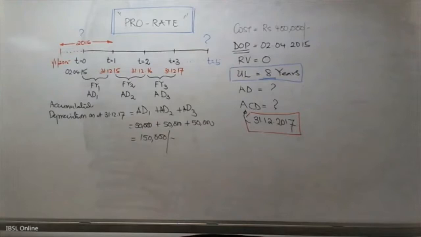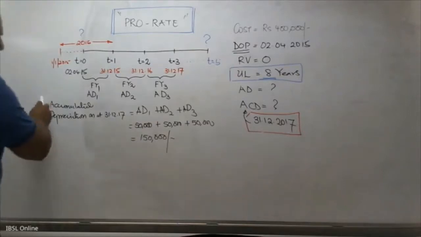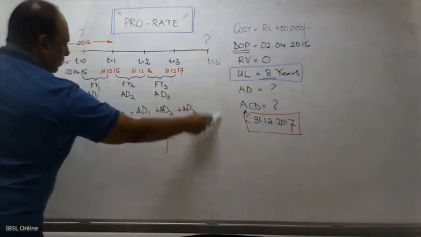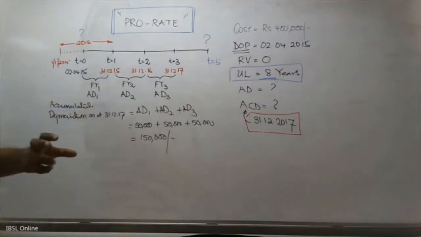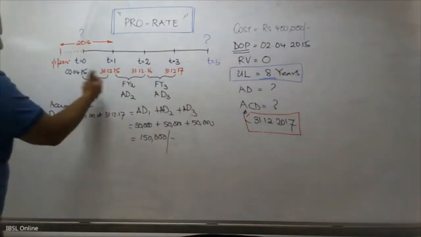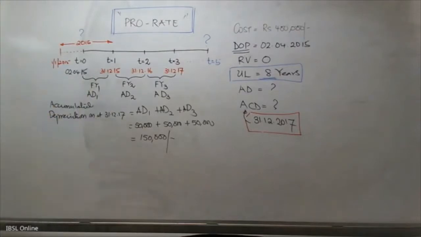Okay, right. So I hope that you would have taken down this initially. If you have not done, I will just give you a few seconds. Actually, this should come prior to the paragraph that we wrote now. Or maybe you can take down this, then I will give a small note and then we will do the answer again. If you have not taken down this, quickly take down this accumulated depreciation calculation.